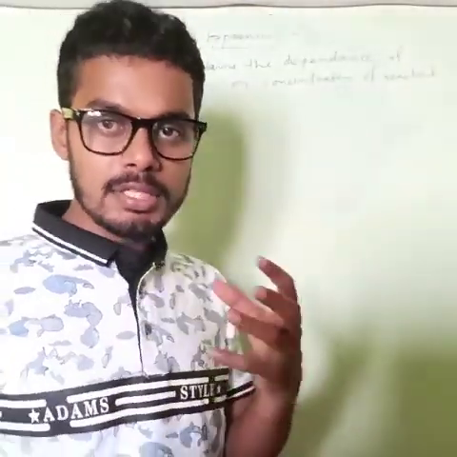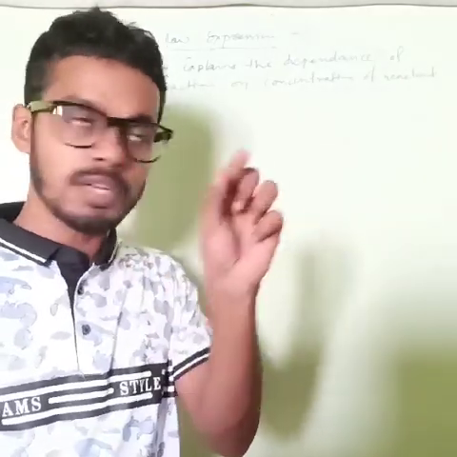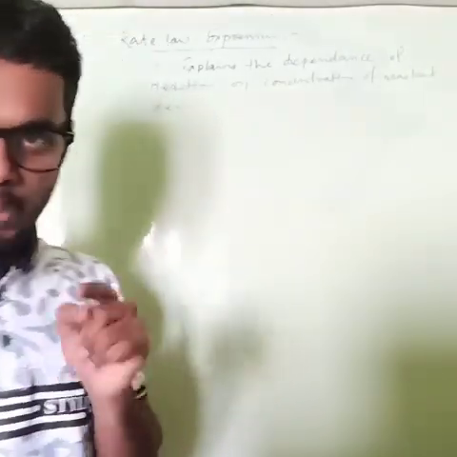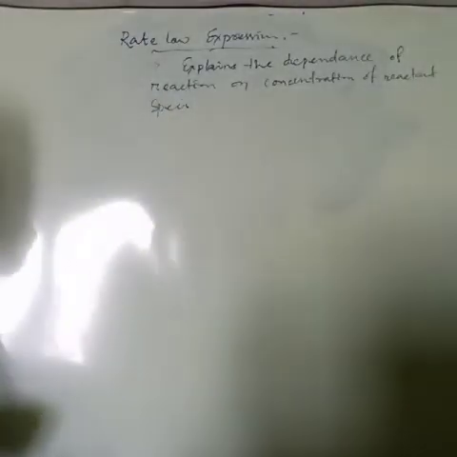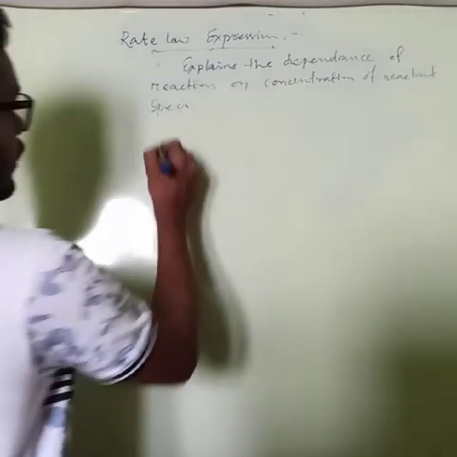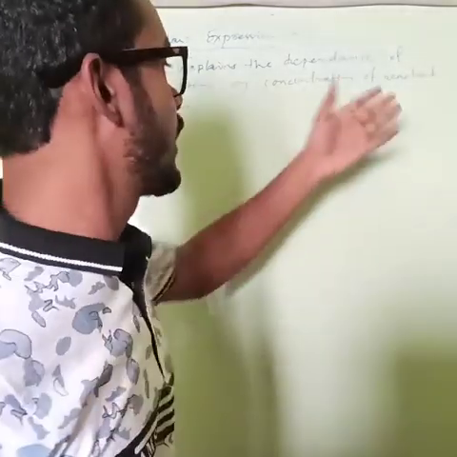Okay, it gives that expression depending on concentration of species only. Only one factor has been chosen. Okay, so what is the rate law? We'll go to the rate law.